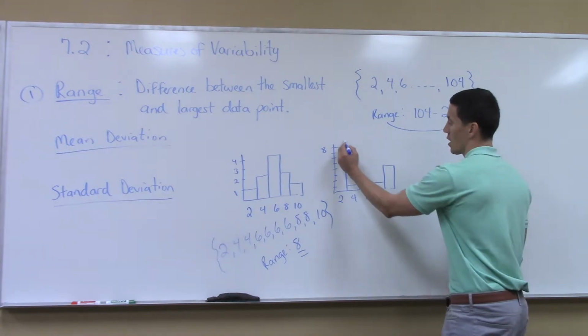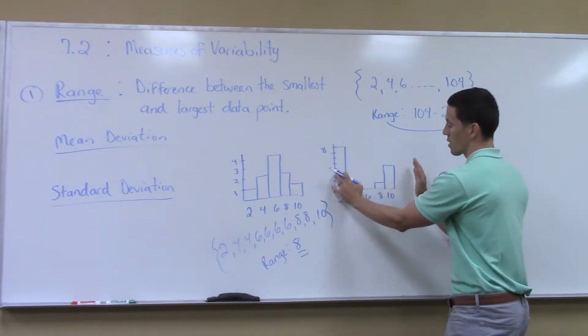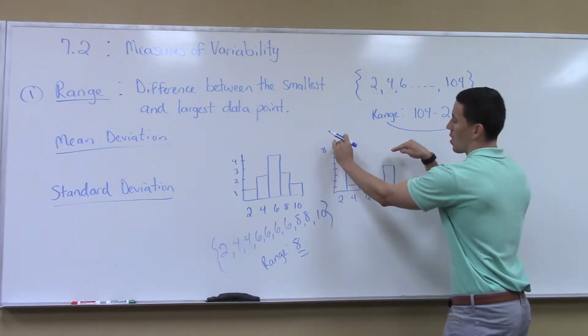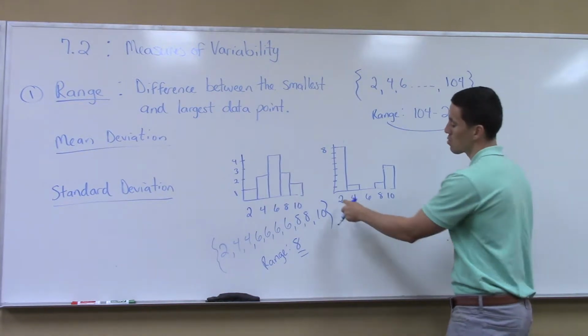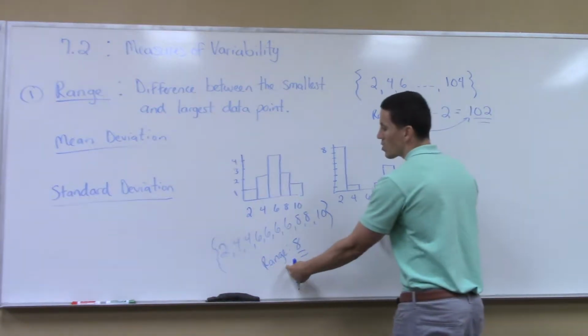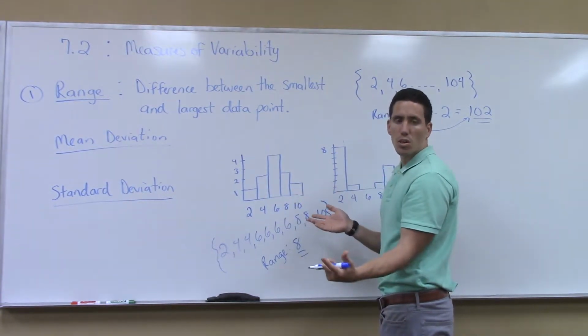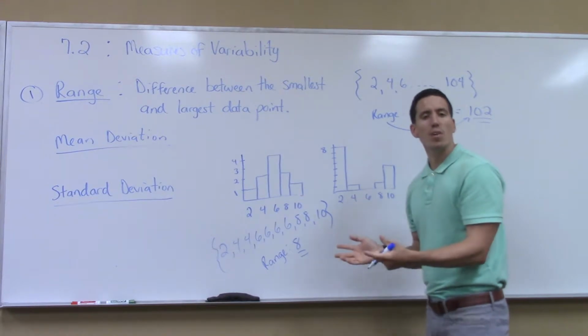It's almost like a U distribution, where there are no data points in the middle, and the extreme left and right are up pretty high. But the range here is still 8, because the smallest data point is 2 and the largest is 10. So if all we have is the range to go by, the range of these two data sets is the exact same, but they look very different.